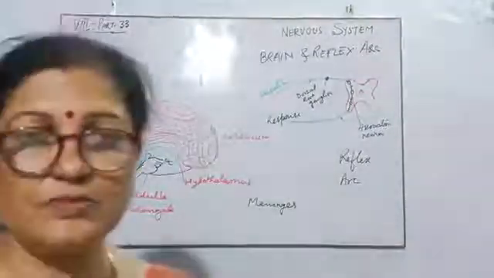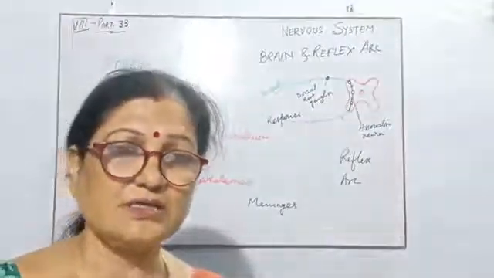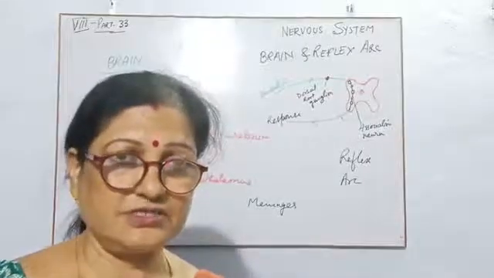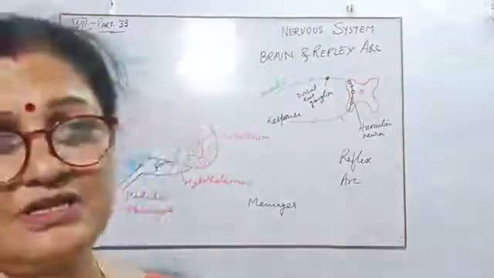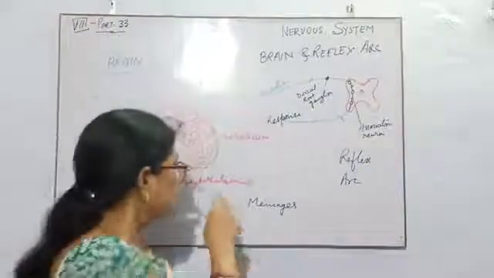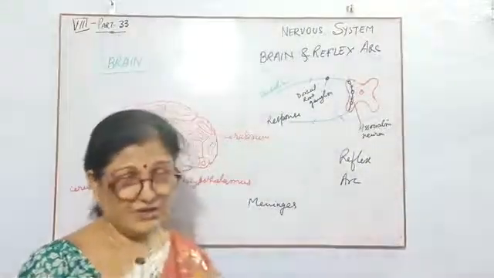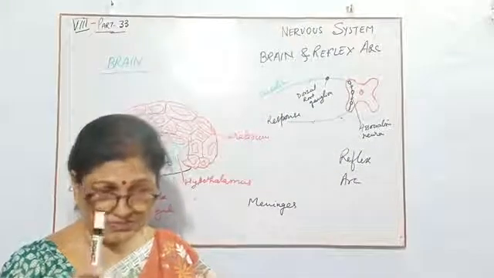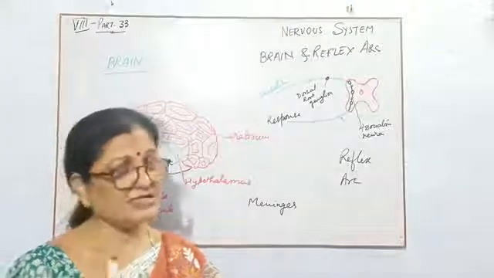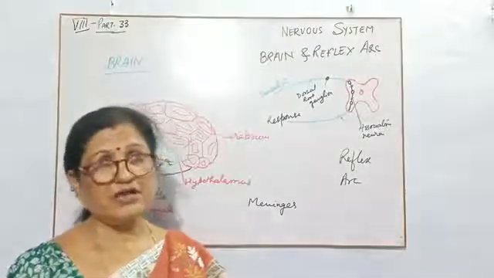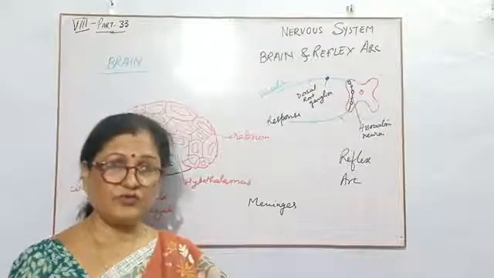You need not know the names of them, but it has 3 layers, and in between these 3 layers there is a vacant area present with a fluid called cerebrospinal fluid.